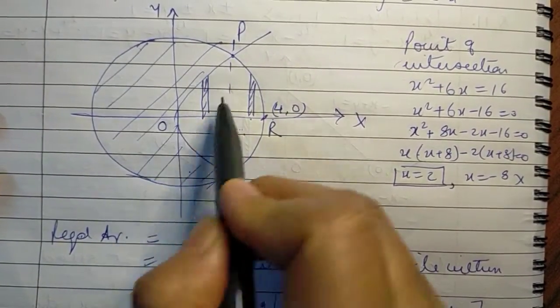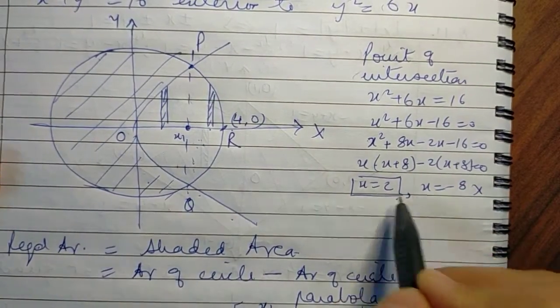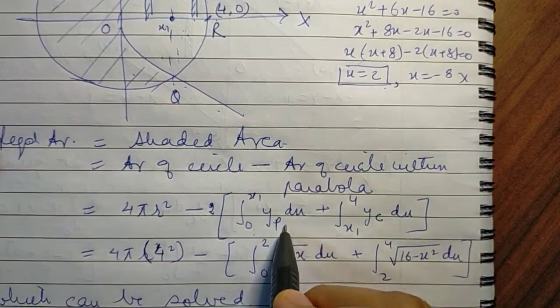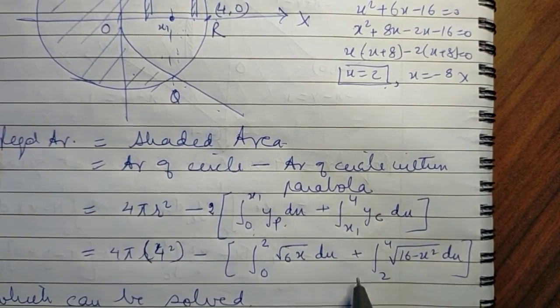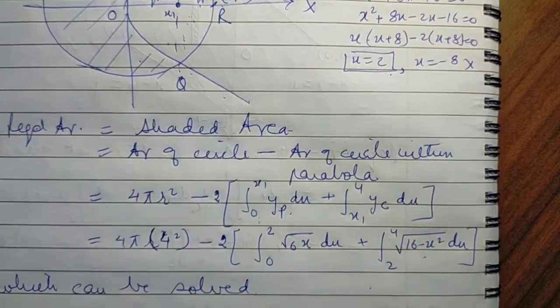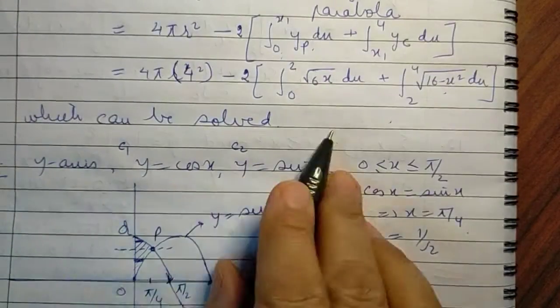We first find the point of intersection, which comes out to be x equal to 2. And so from 0 to 2 area on the parabola, plus from 2 to 4 area on the circle, and we make it twice because it is symmetric about the axis. Okay, and this can be solved.